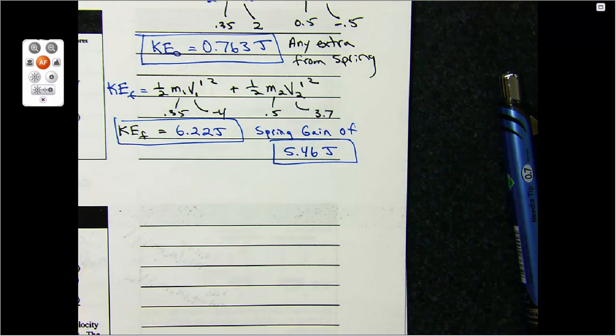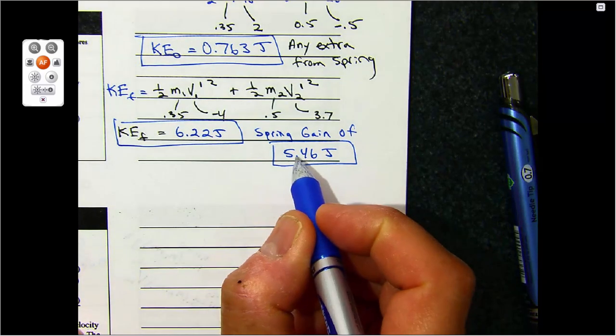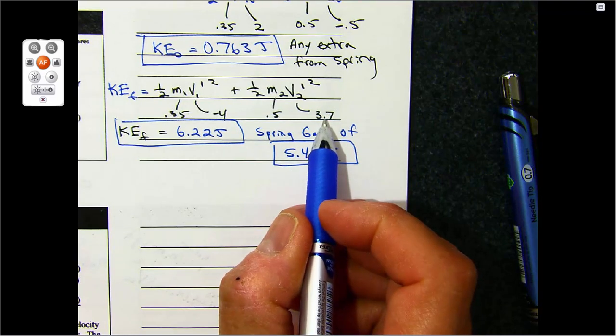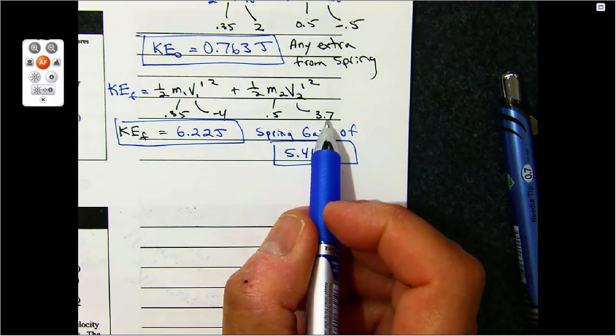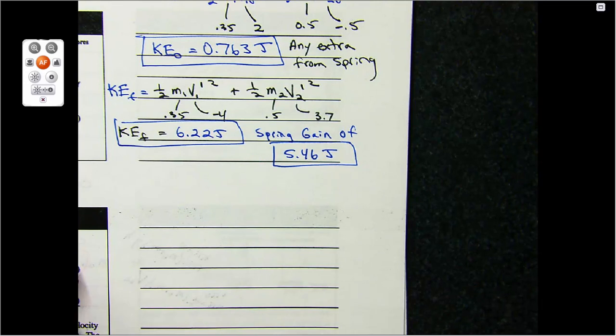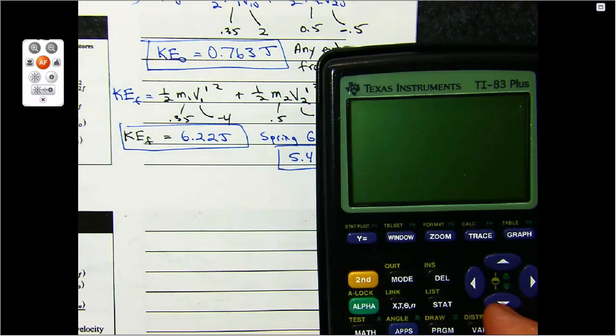Yeah, 5.46. All right. Is that 3.7 supposed to be 3.7 or 0.37? Right above. No, it's 3.7. Okay. We're not getting 6.22?